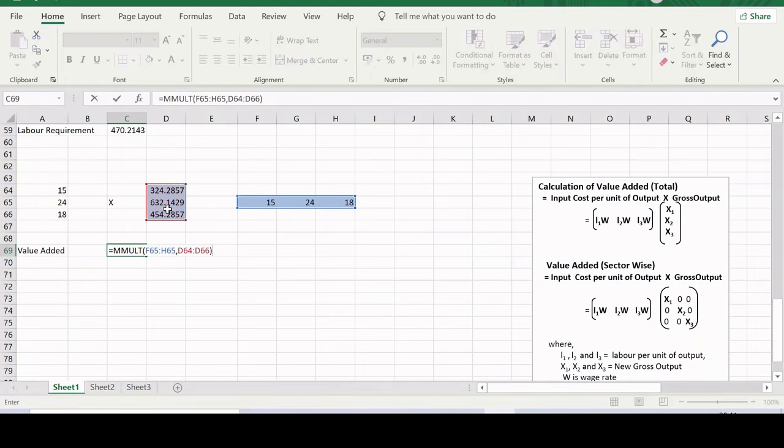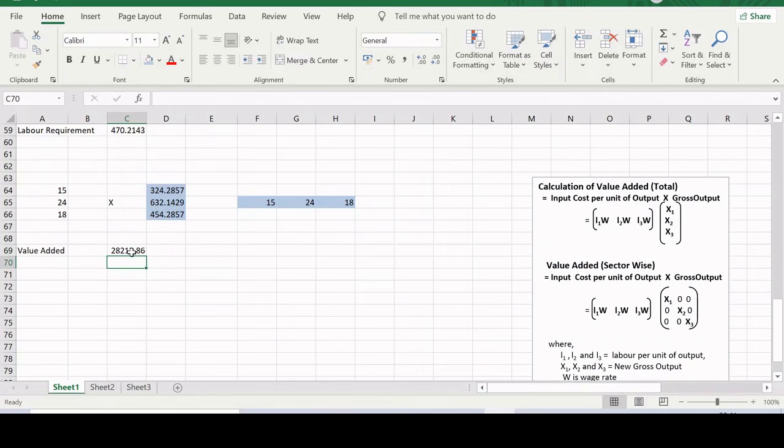Close the bracket, and now you can simply press Enter, or you can also press Ctrl Shift and Enter. When the result is in the form of a 1 by 1 order matrix, we can simply press Enter, or we can also press Ctrl Shift and Enter. These two will not make any difference in your result, so I am simply pressing Enter here to get the result. 28212.86 is the total value added.